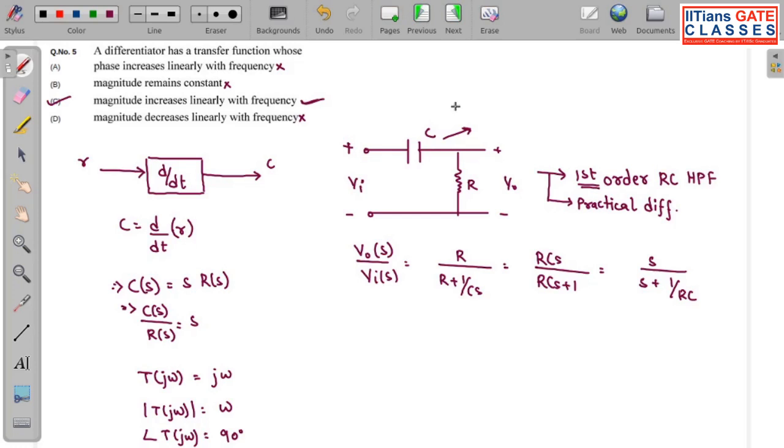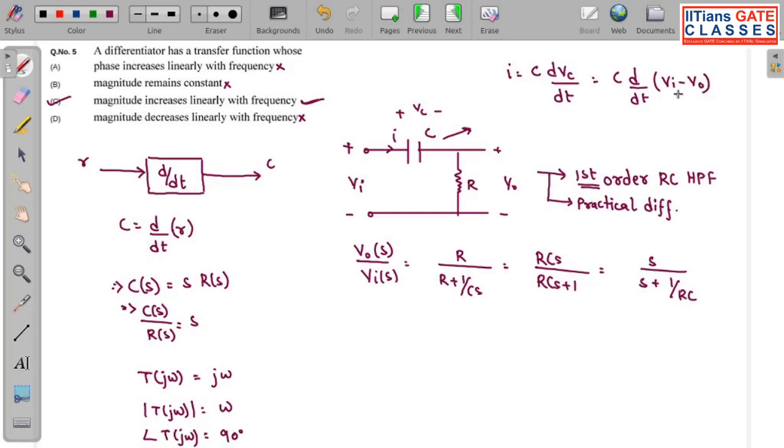Let me show you. Let me write it with I. So I is equal to C dVc by dt, so this will be C d by dt of Vc, where Vc is Vi minus V naught.